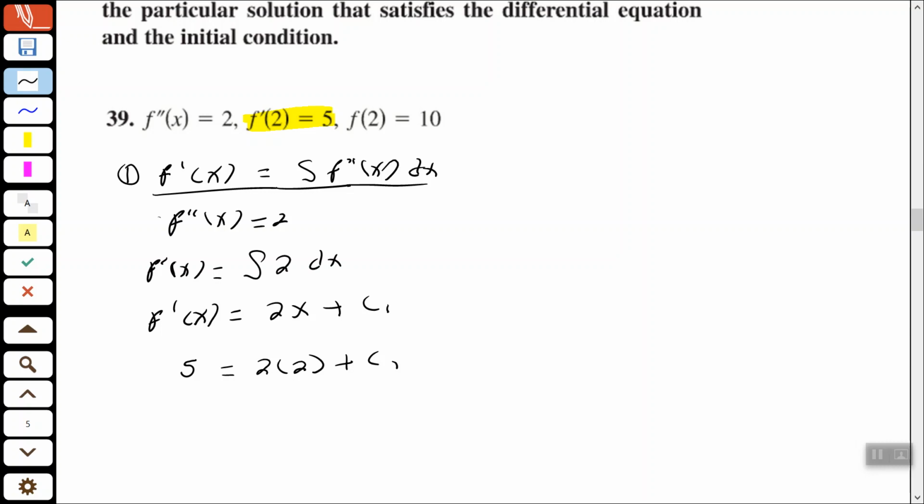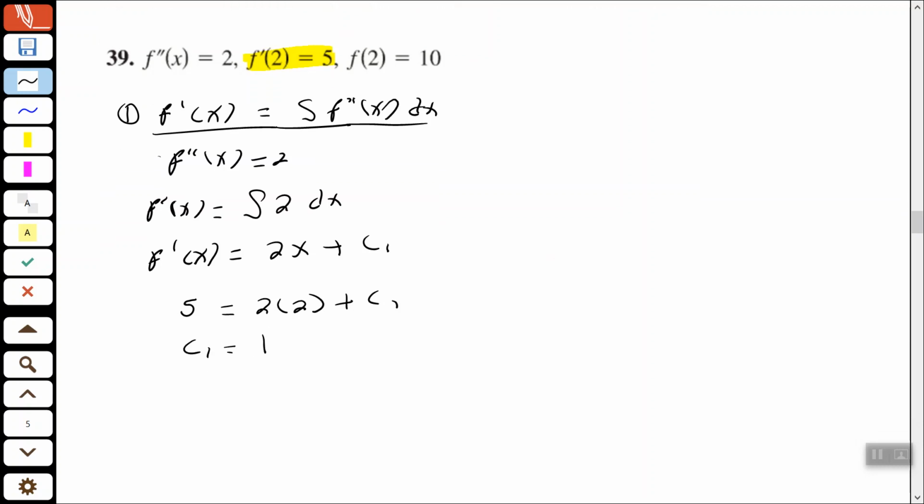Therefore, 5 equals 2 times 2 plus c sub 1. That's 4. Subtract 4 from 5, and c sub 1 equals 1, which gives us f prime of x equals 2x plus 1 in this situation.